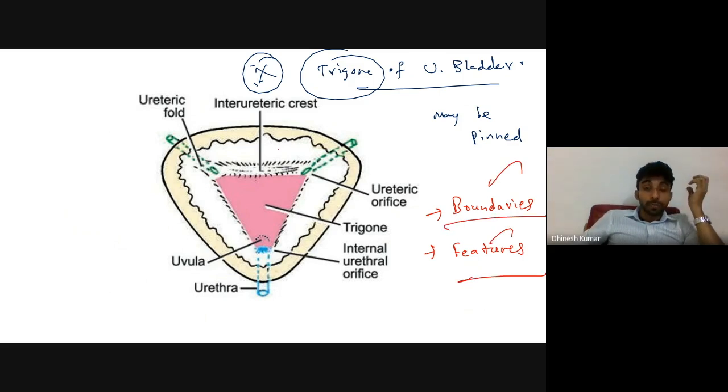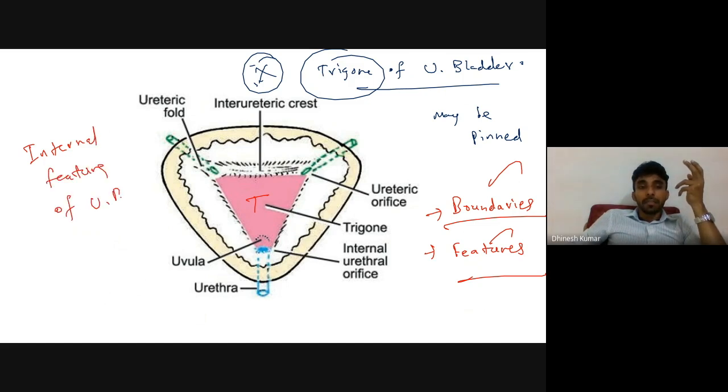As you see in this diagram, this is the trigone of the bladder, this triangular shaped area. Trigone is an internal feature of urinary bladder.